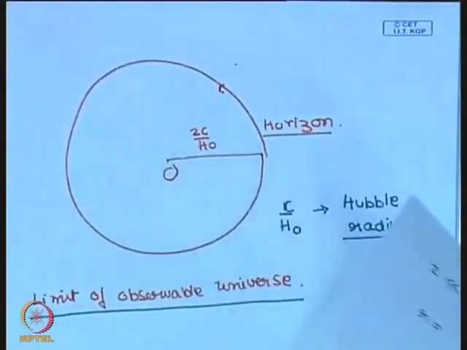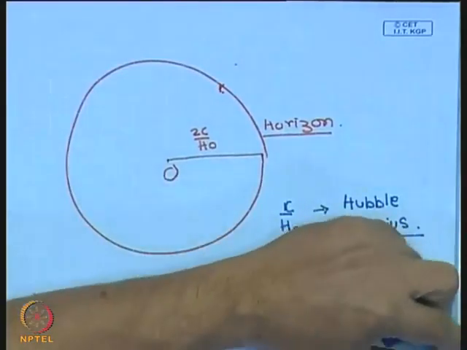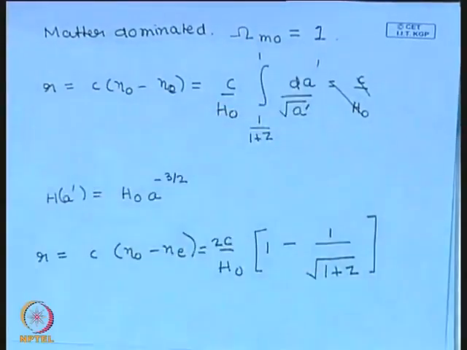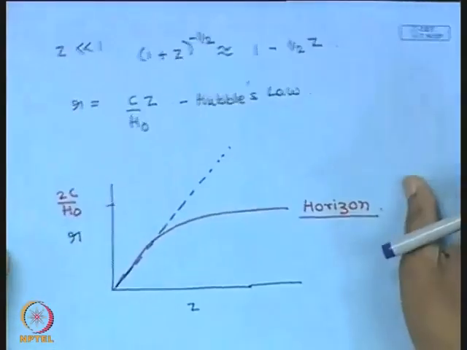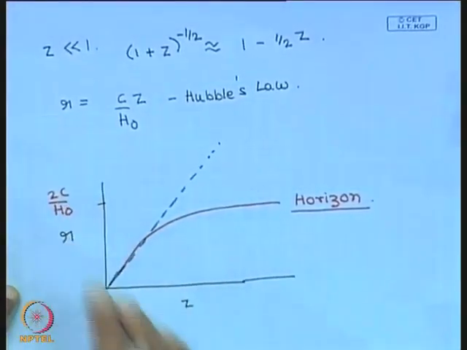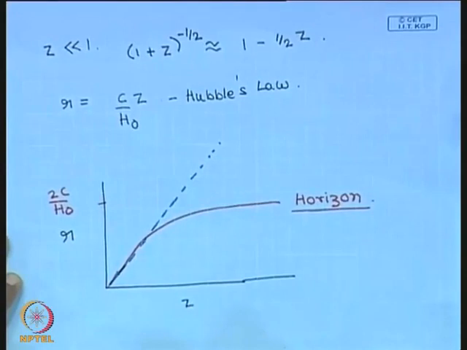If you remember, the particular cosmological model that we have been considering is omega matter equal to 1. In that particular model, the horizon is at a distance 2c by h naught. That is the furthest distance you can see.